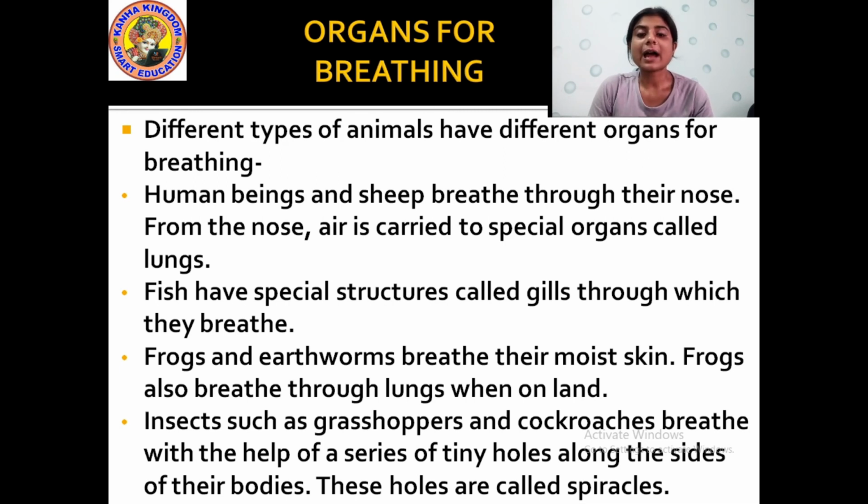Then animals who live on land have a different breathing organ. Then insects have different breathing organs. Understood? So different types of animals have different organs for breathing.